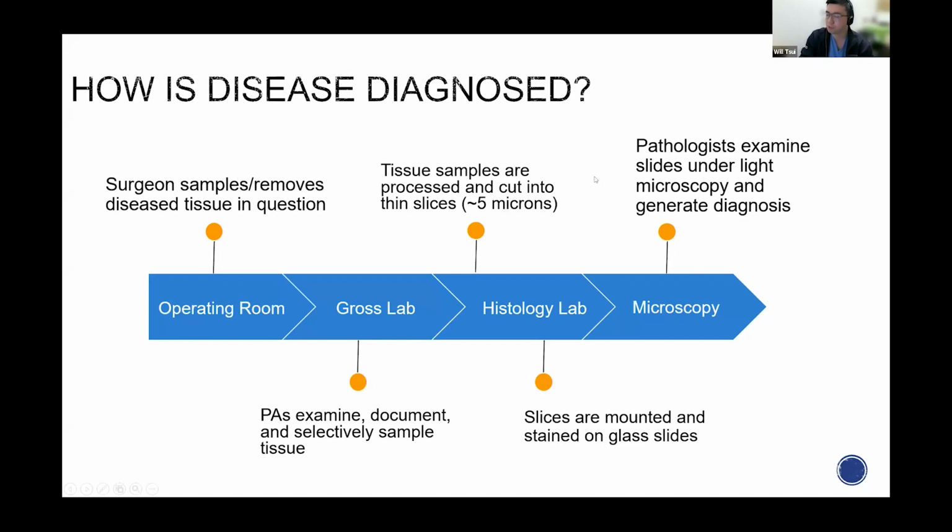After we cut the slices into 5 microns, they're mounted on a glass slide and stained to give some coloration to the tissue, and then that ends up on the pathologist's desk, where they are examined through light microscopy, and a diagnosis can be generated. So that, in a nutshell, is generally what happens in the pathology lab.